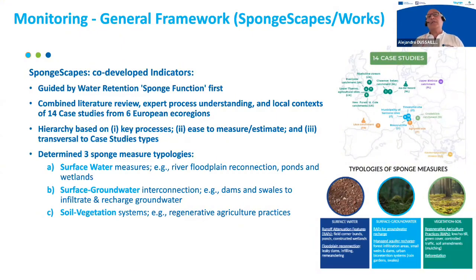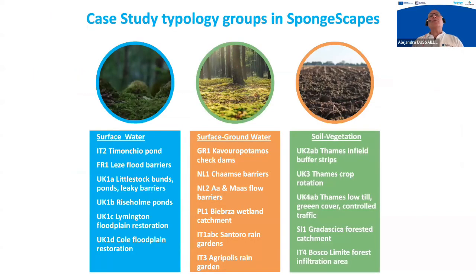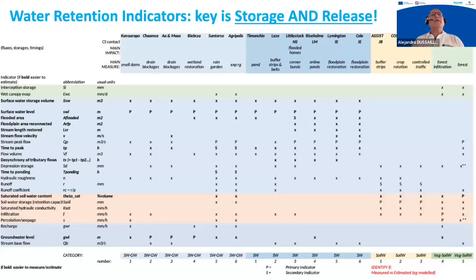And the third category, the soil vegetation type or system, where I'm also going to talk about the example of regenerative agricultural practices. So our 14 case studies, and I'm not going to read this, are more or less well distributed between these 3 typologies.